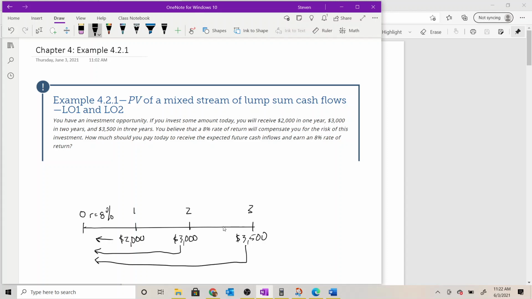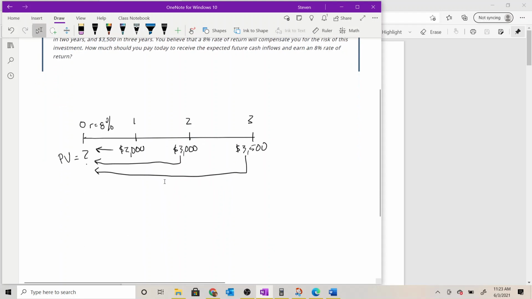And the present value we come up with when we do that, whatever that amount is, if we were to invest that amount today and then receive these future cash flows that were promised in this investment, we would earn an 8% rate of return because we discounted each one of these cash flows back to time period 0 at 8% in order to come up with that amount.